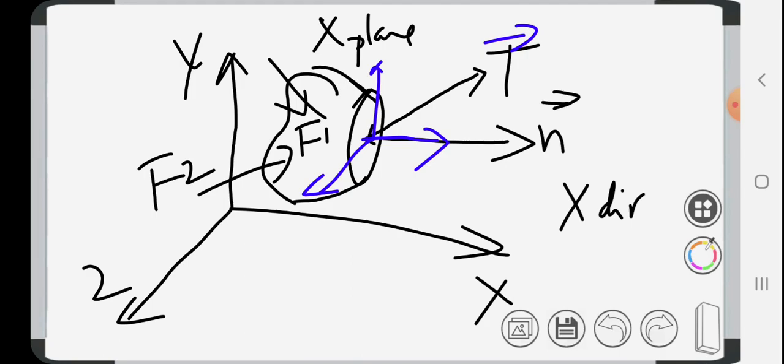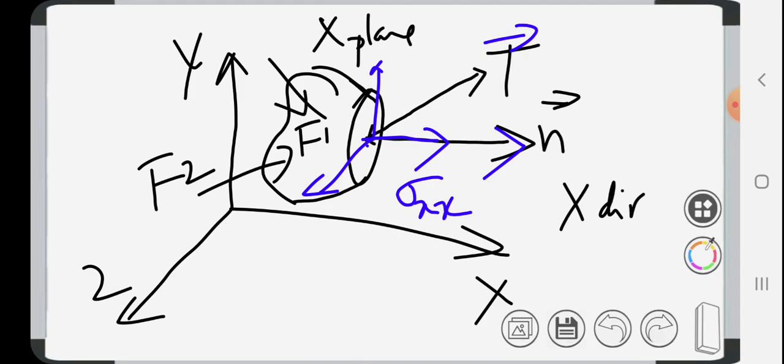Any component parallel to the n vector will naturally be a normal component. So it can be defined as sigma. Since sigma is acting on the x plane, I will write x, and in the direction x only. Sigma x.